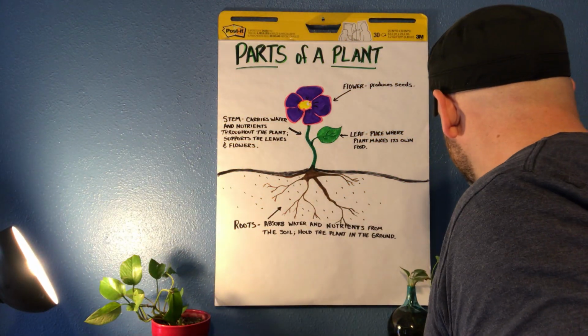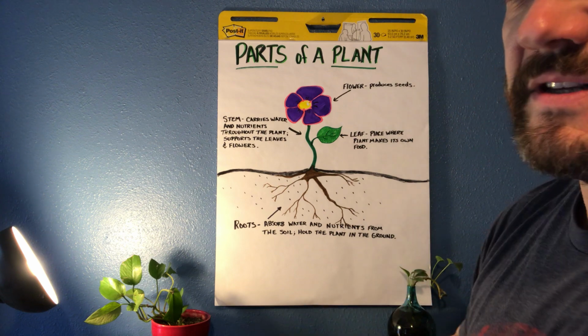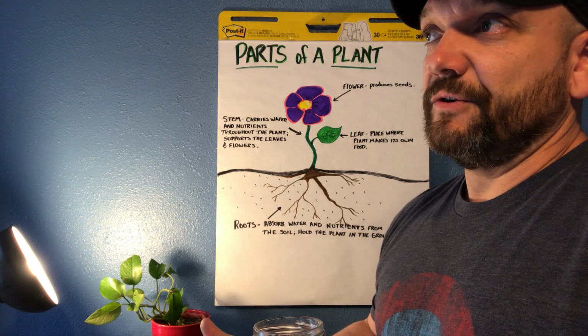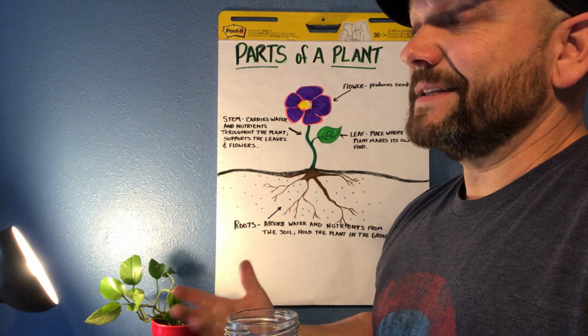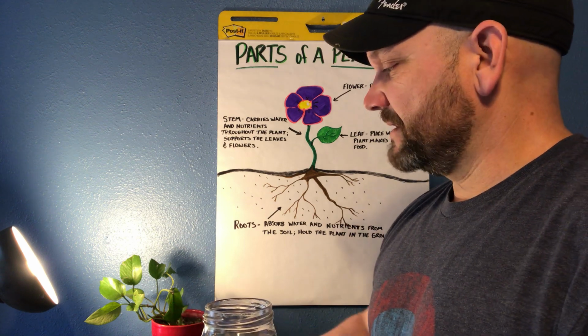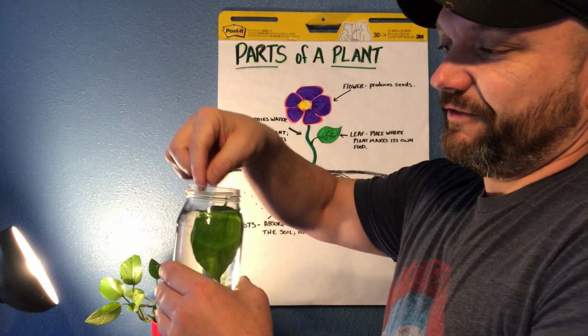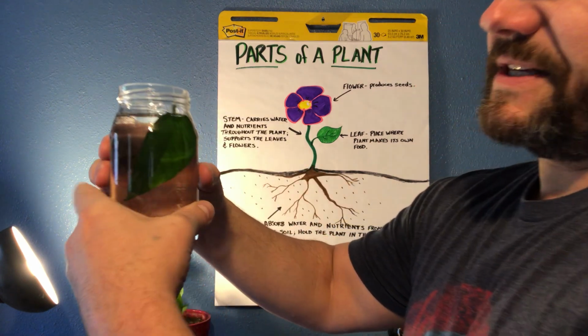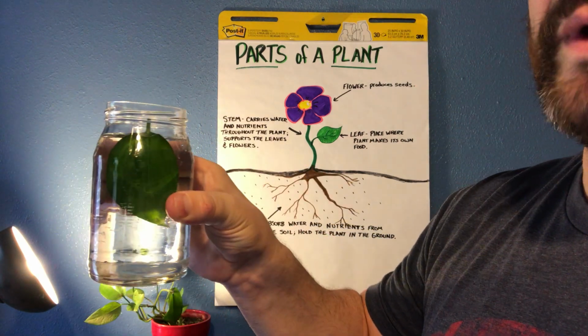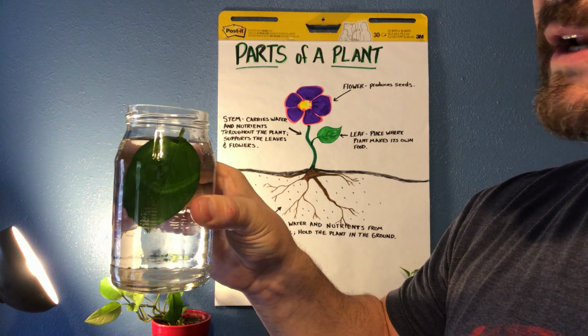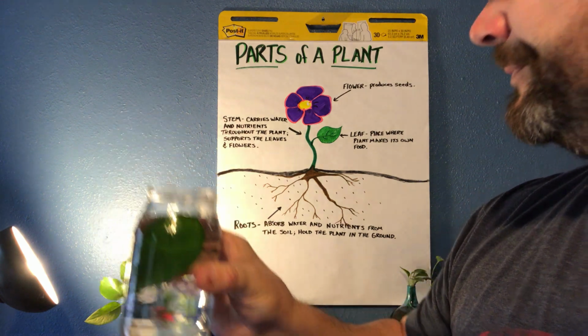All right, so here's what we're gonna do. It's not a very sunny day today, so I was going to try to do this ahead of time, but it's sort of cloudy outside, so I don't think it's gonna work, but I think tomorrow is supposed to be sunny. So I'm gonna put a leaf inside the jar, and I'm gonna put this one in a windowsill or outside in the sun, and I'm just gonna let it sit for a day.